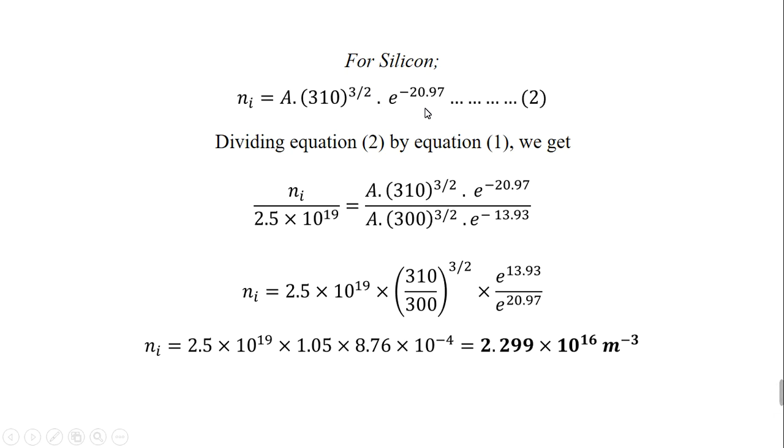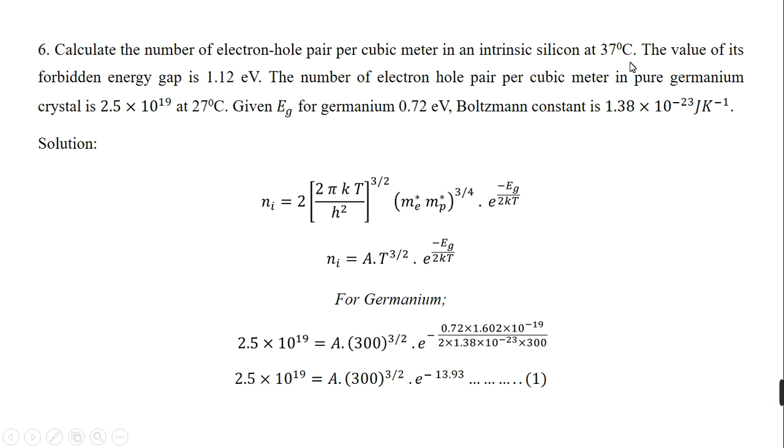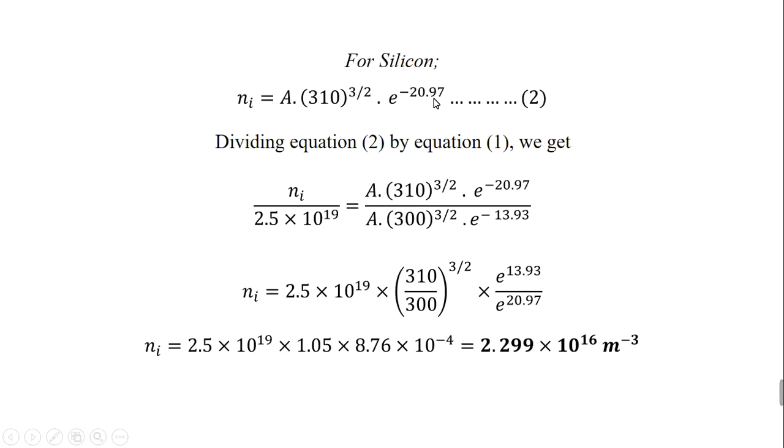Remember the energy gap is given as 1.12 electron volts, and it has to be converted into joules because it is given in electron volts. After doing this calculation for silicon, you will get minus 20.97. Call it equation number 2.